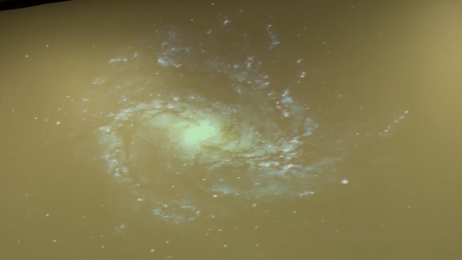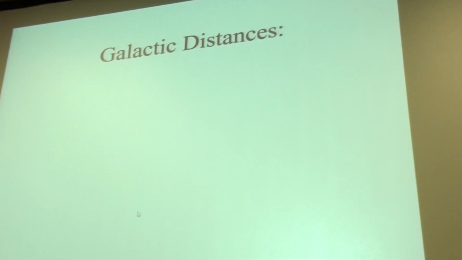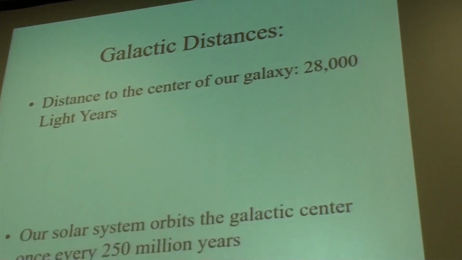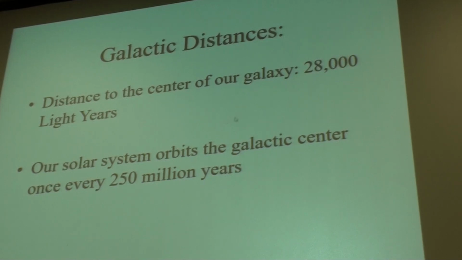But we can look at other galaxies, and that is one of the main ways that we try to understand what's going on with our own galaxy. So this is looking at it from a top view. In the center we have a galactic nucleus, and then we have these spiral arms that are emanating out away from it.